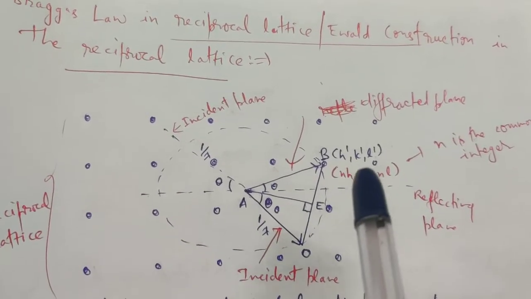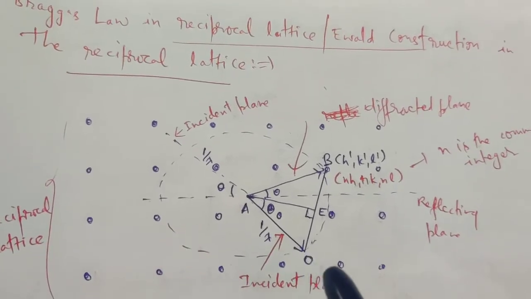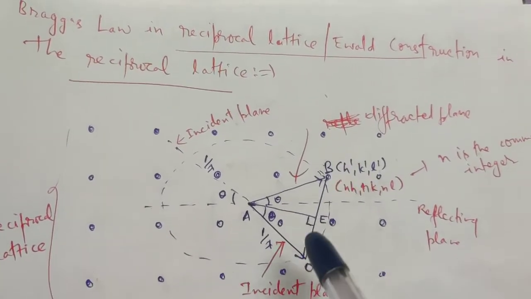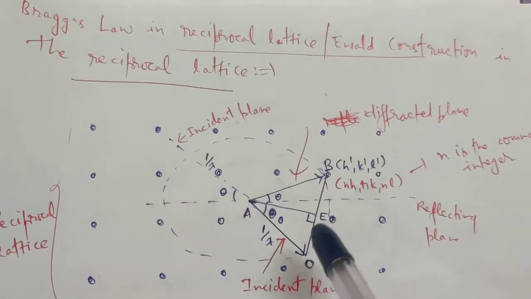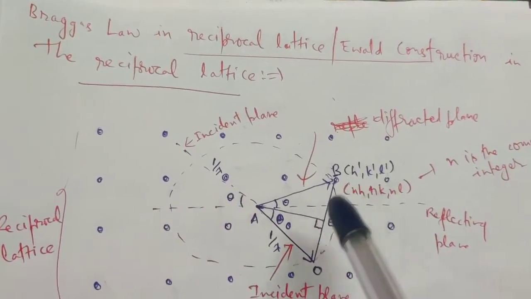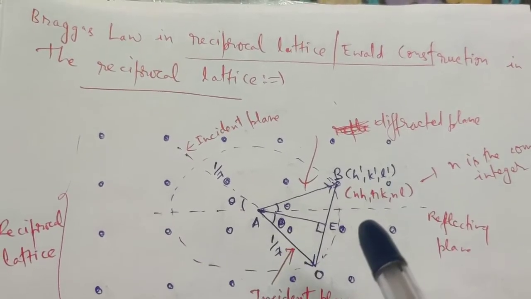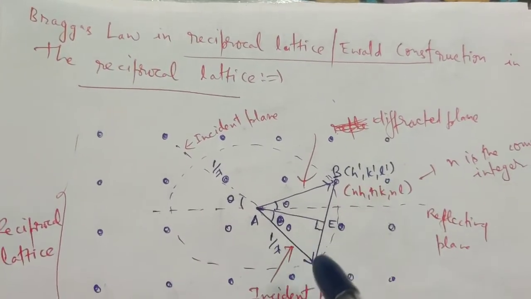This is the common factor. Now by taking O as the origin, we draw a reciprocal lattice vector OB, which is perpendicular, or normal, to the direct lattice plane.